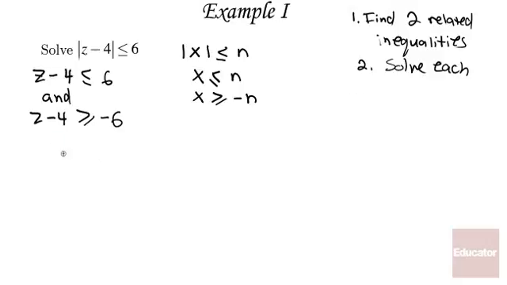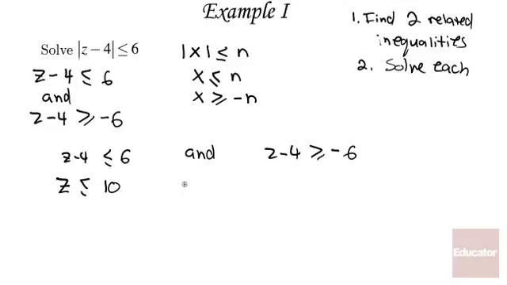Okay, starting out with z minus 4 is less than or equal to 6. All I have to do is add 4 to both sides to solve this, and I get z is less than or equal to 10.